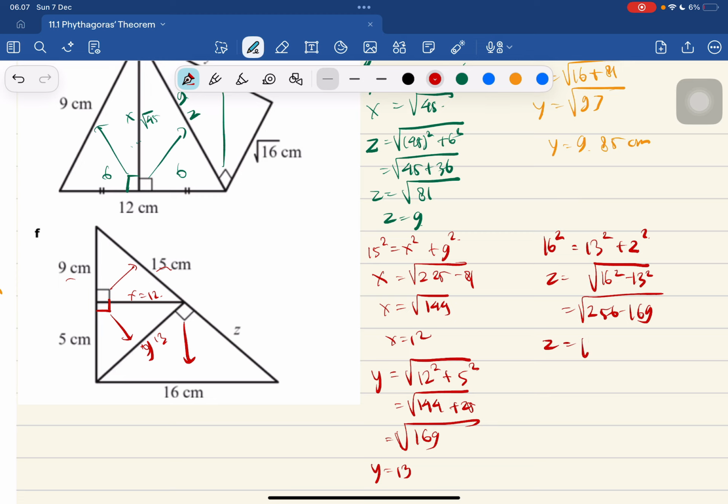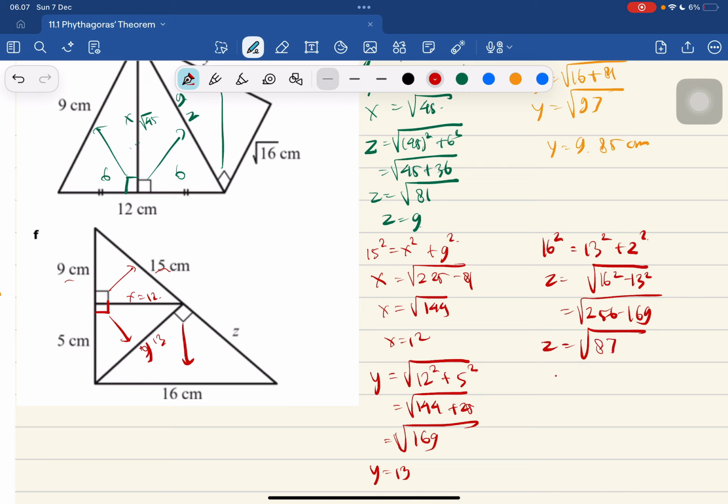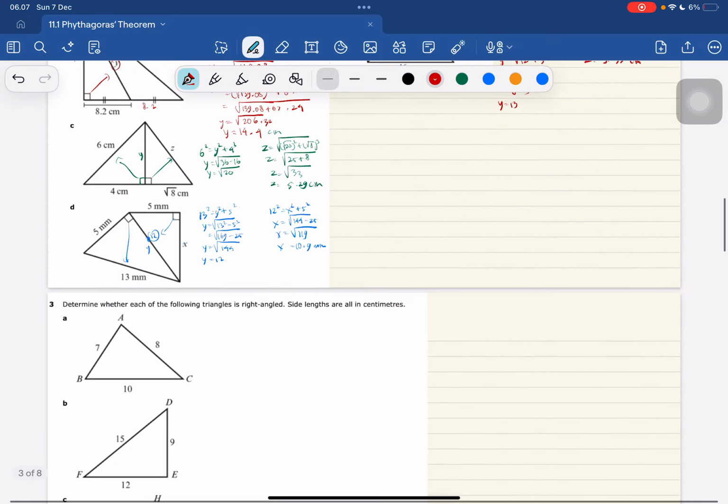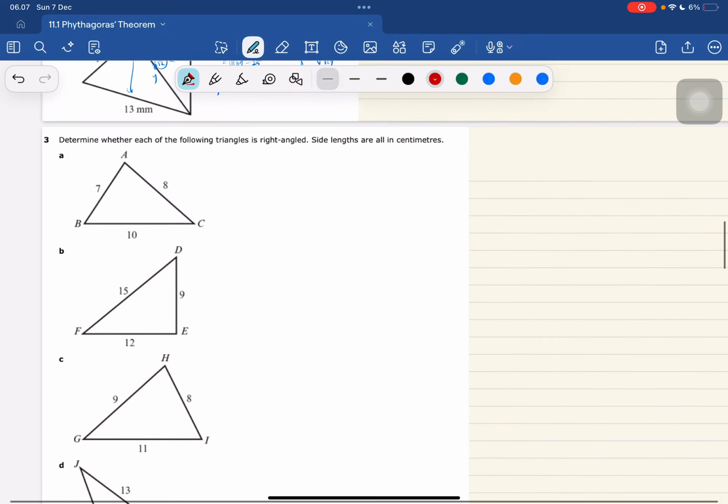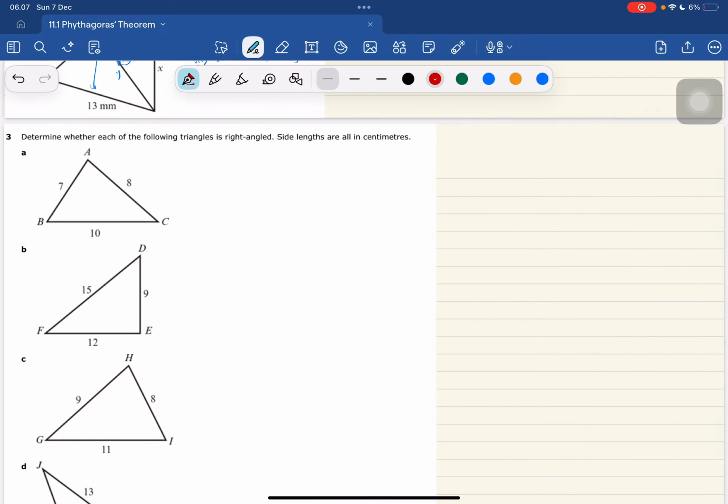So z equal to square root of 256 minus 169, which is 87. So square root of 87, this equal to 9.33 centimeter. Okay, number 3, determine whether each following is right angle or not.